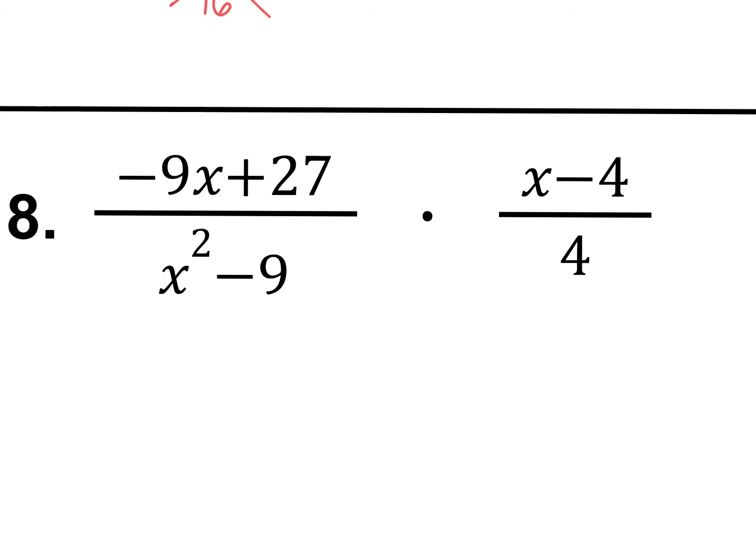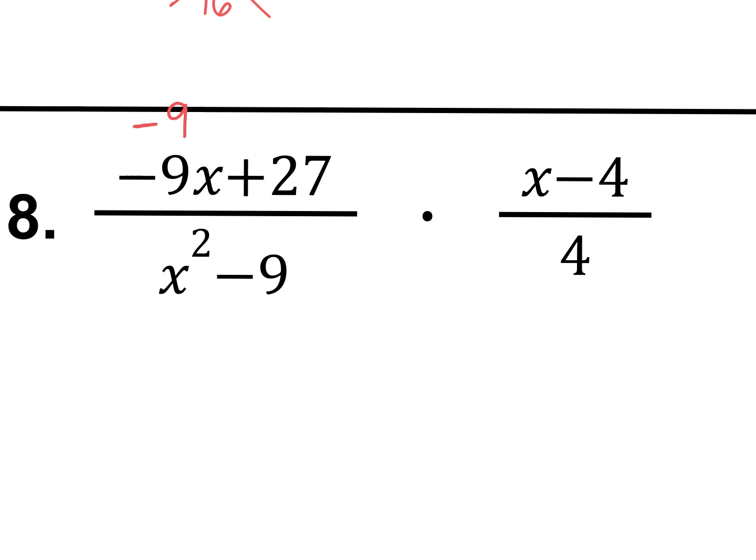Yeah. I got a negative 9x and a 27. What do those both have? 9, okay. But instead of a positive 9, I do have to take out a negative 9, and the reason for that, okay, we've talked about this. If the very first term is negative, okay, your GCF needs to be negative, okay?